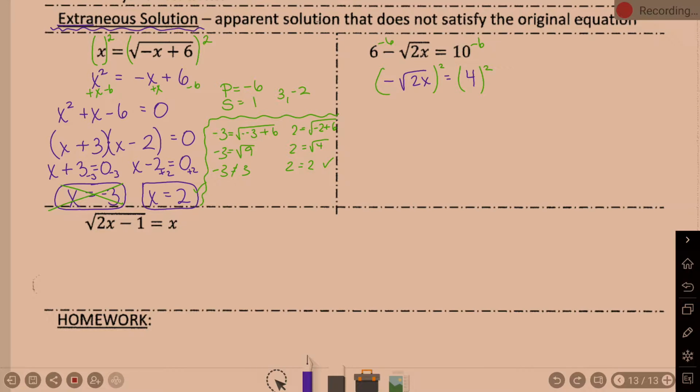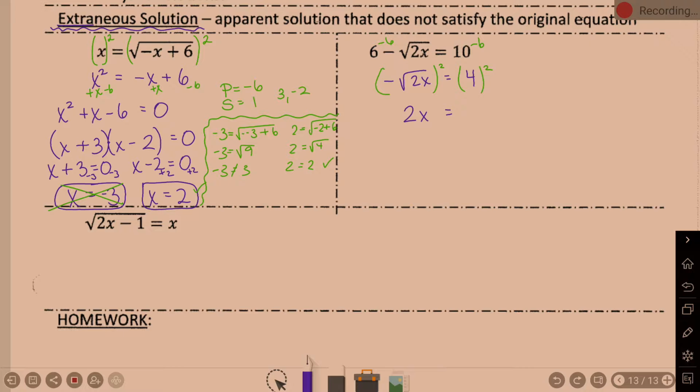What happens when we square that square root? You get what's inside of it. What happens when you square a negative? Because we also have to square that negative. You get a positive. A negative times a negative is a positive, so this is just going to become positive 2x on that side.